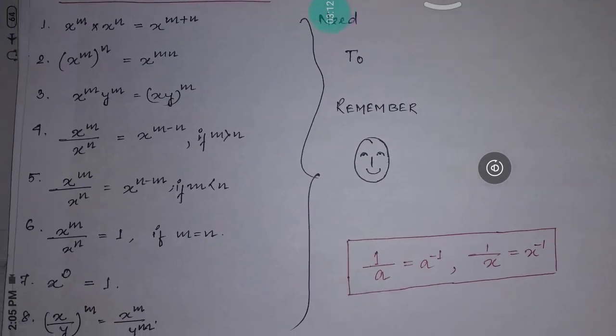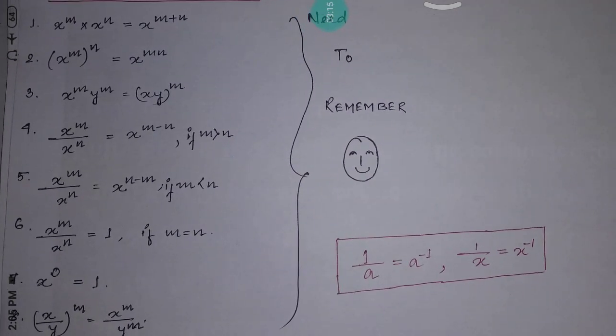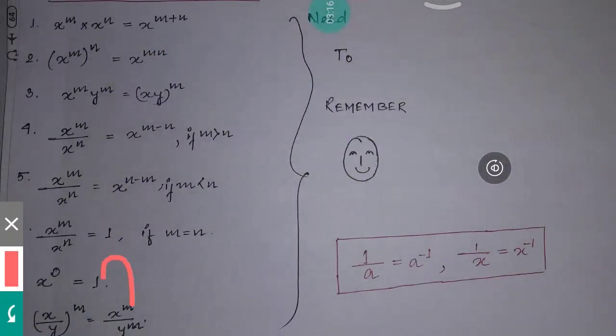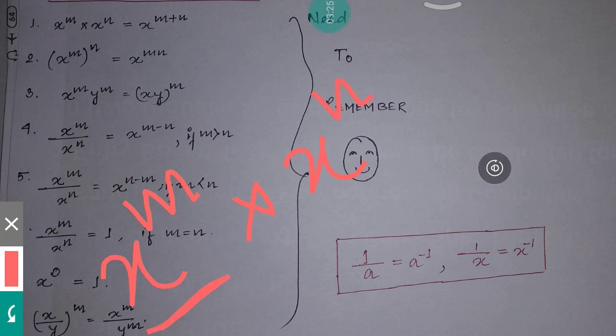Okay, now see formula number 1, x power m multiplication x power n. So here what are the bases in this case and this case? The base is x. Here also base is x, and power is different. M and n both are different.